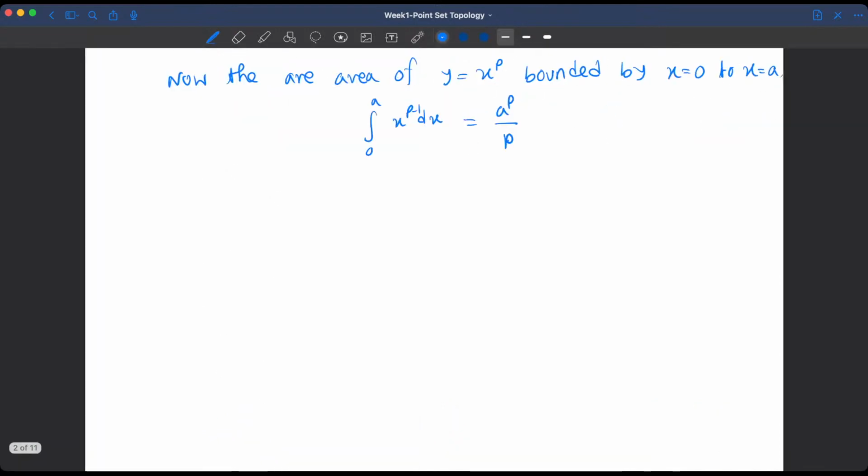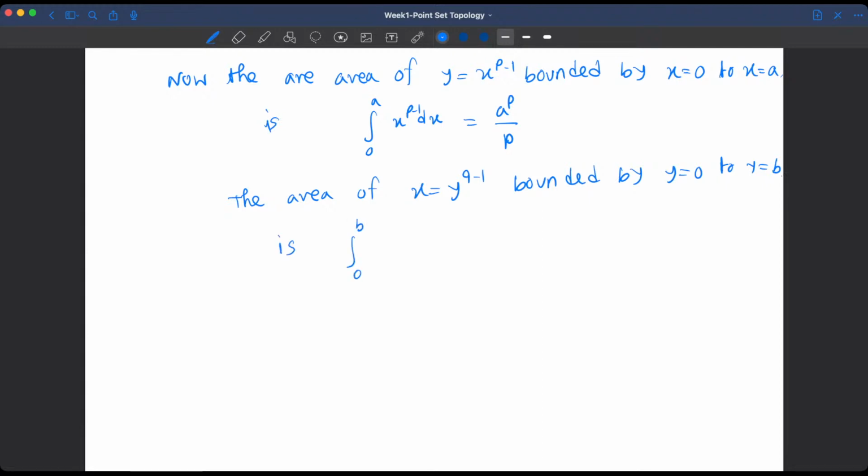On the other hand, the area of x equals y^(q-1) bounded by y equals 0 to y equals b is b^q/q. How does this look in a graph?